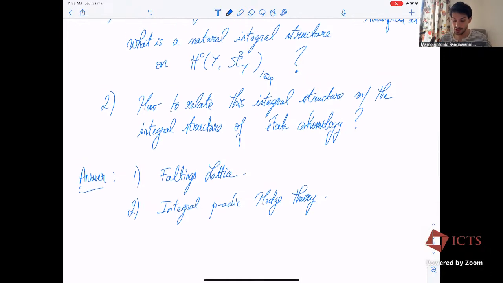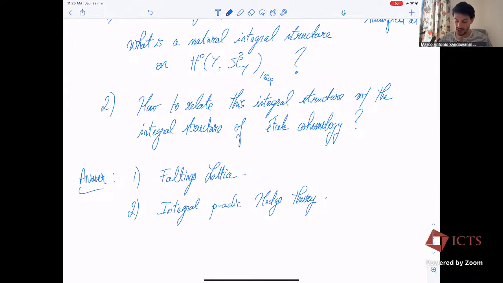Okay, so these are the main two difficulties, which are exacerbated by the fact that when you have deep level at P, you don't have a natural integral model of your Shimura variety. So in this talk, I will tackle these issues.